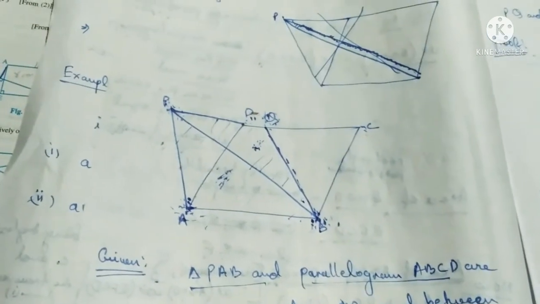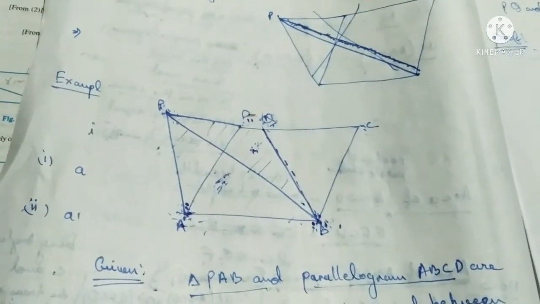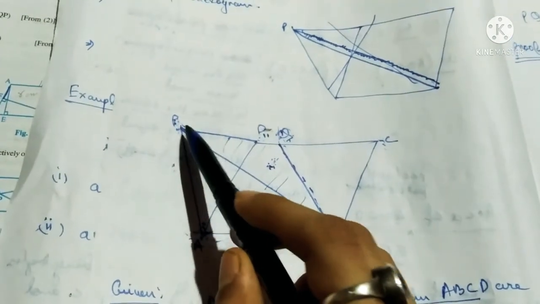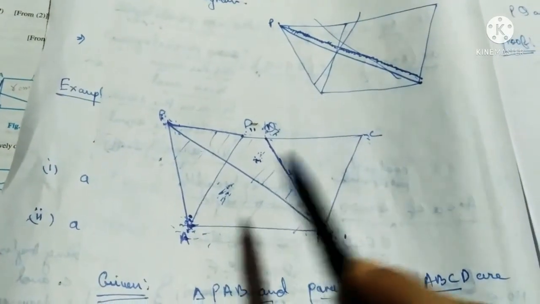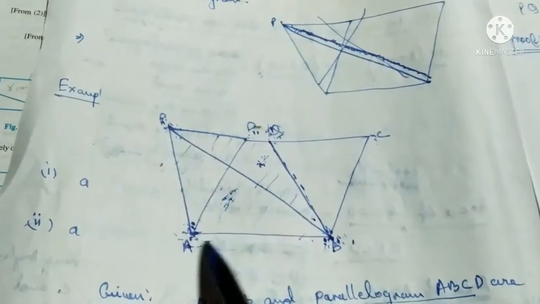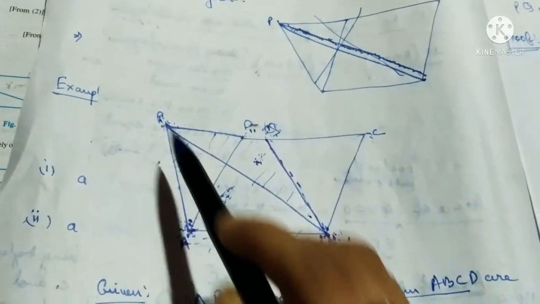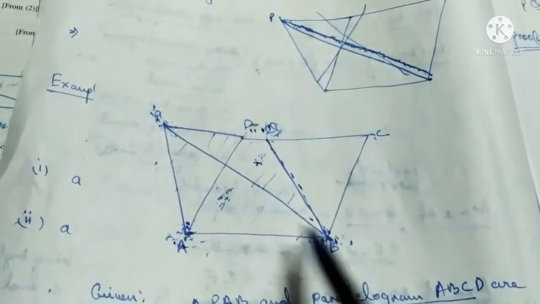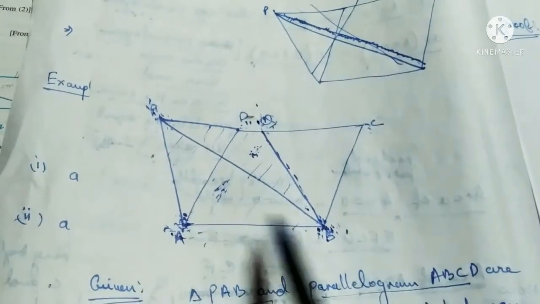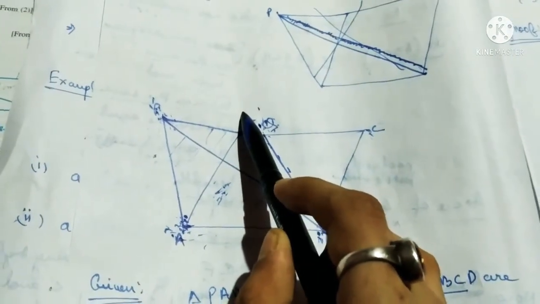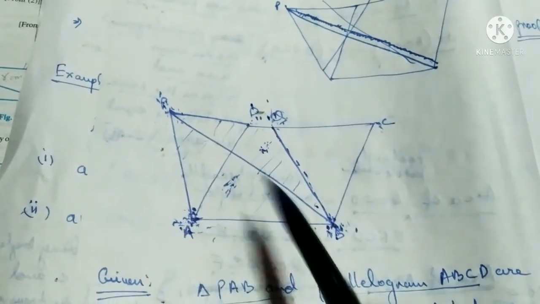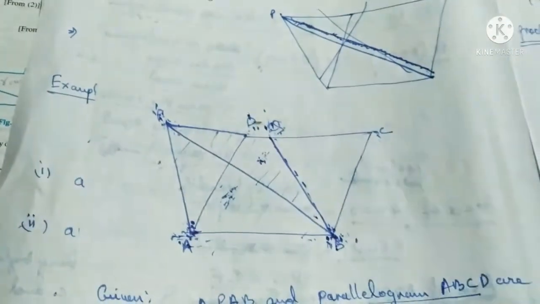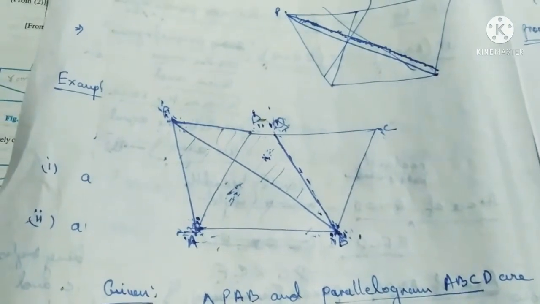That much only. I hope you have understood. I can say that the area of PAB is equal to half the area of the parallelogram PABQ, and the area of PABQ is equal to the area of ABCD, since parallelograms on the same base and between the same parallels are equal in area.